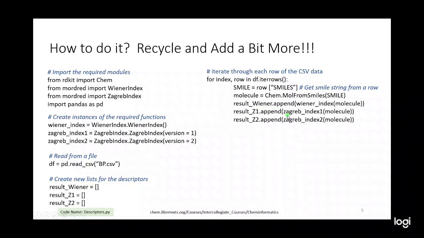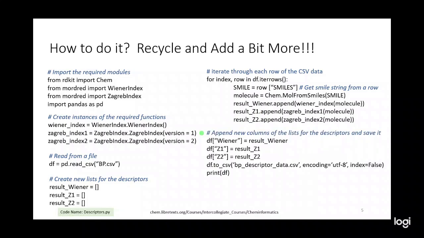Similarly, for Zagreb index 1, once the value is calculated, we're going to add it to the array called result_z1. And we do the same thing for Zagreb index 2. So for each iteration, it's going to calculate one Wiener index, one Zagreb index 1, and one Zagreb index 2. These are going to be added to the arrays result_winner, result_z1, result_z2.